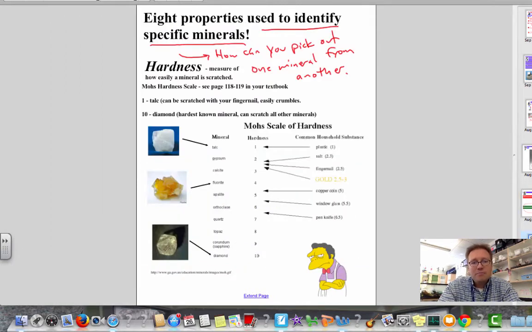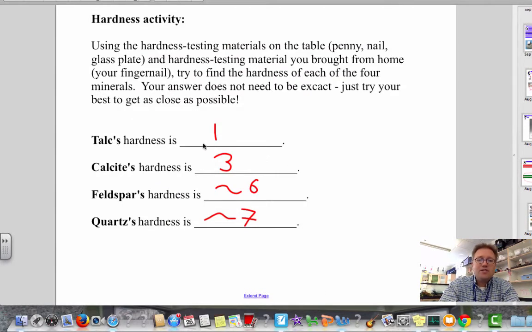Now, to identify one mineral from another mineral, there are 8 different properties that we need to think about. One is hardness. Certain minerals are harder than others. When we did our hardness activity, we saw that talc is not as hard as calcite. Calcite could scratch talc.